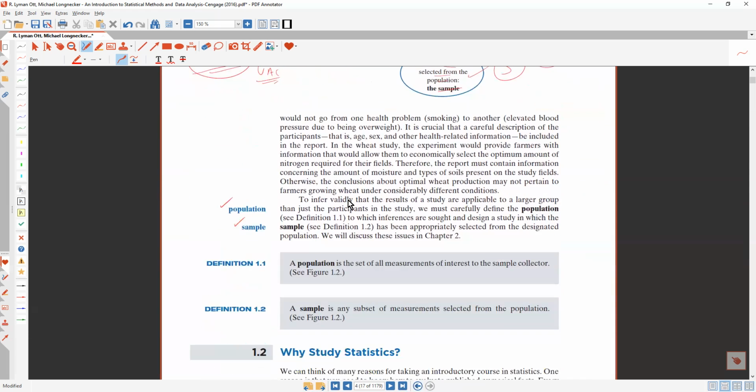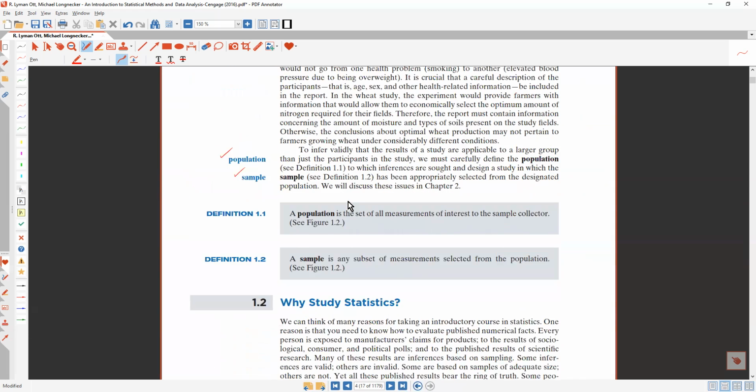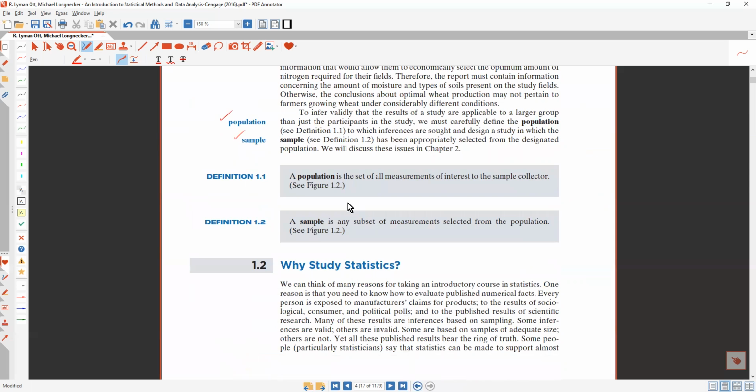Okay, so some definitions here, and here's an example of when you read a definition, you really should not memorize the definition. And you've heard me stress this before, and I'll repeat saying it, because if you memorize this, a population is a set of all measurements of interest to the sample collector. Well, that may not give you the complete concept.